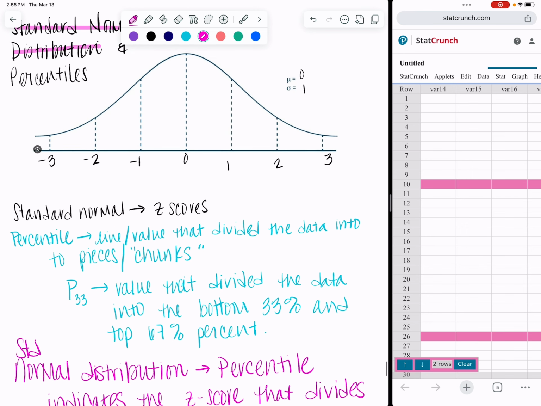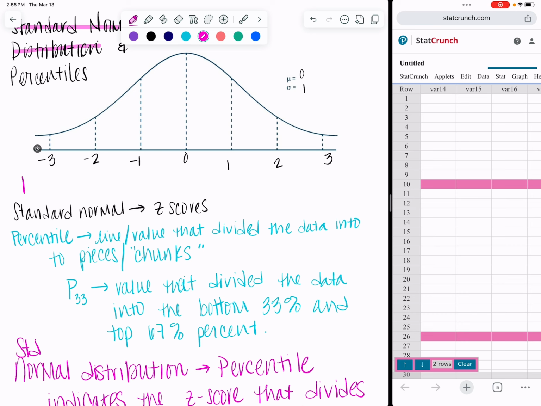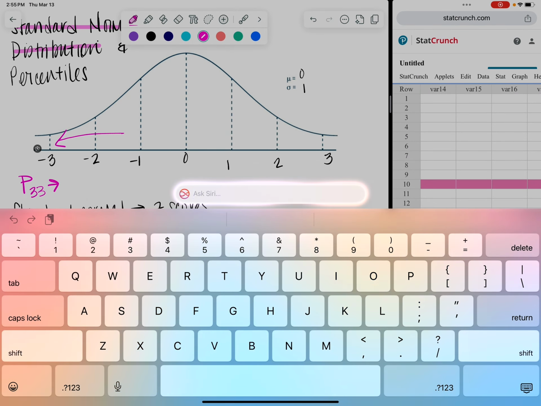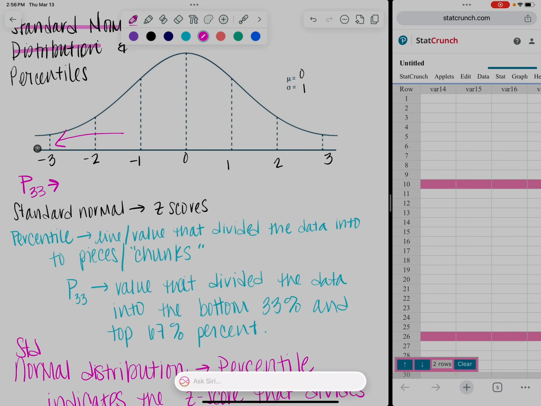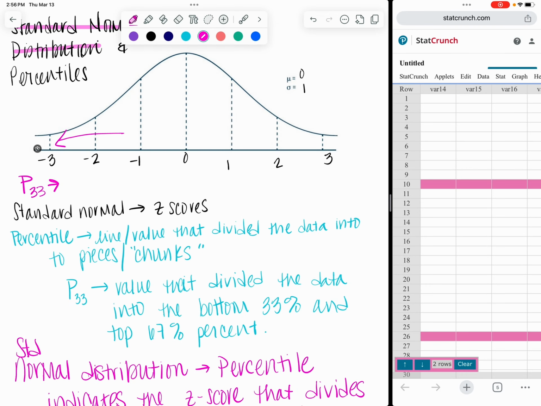So, if we are looking for, I think I used P33 on one. This means I want the z-score that divides the area under the curve so that 33% of the area is below and 67% is above. So let's find it.